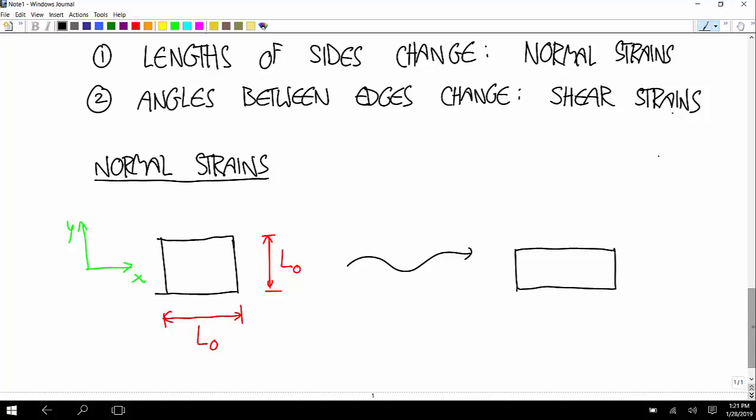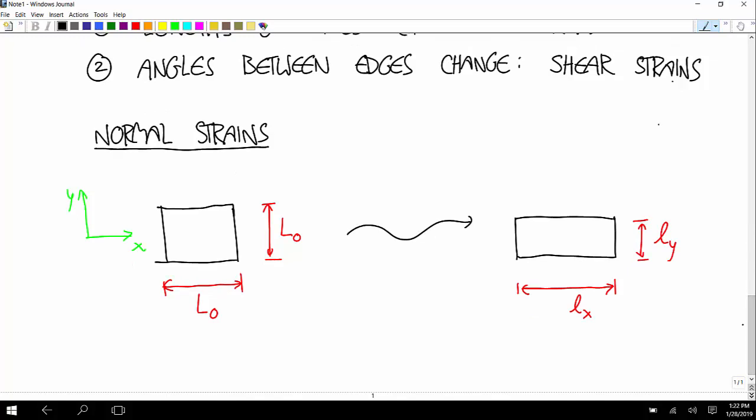Okay, so after the deformation, let's call this length lowercase lx, and this is lowercase ly.